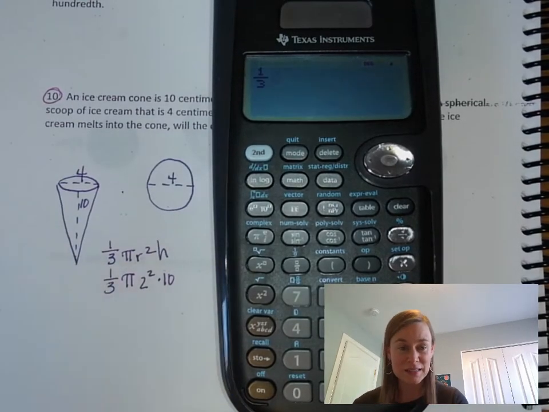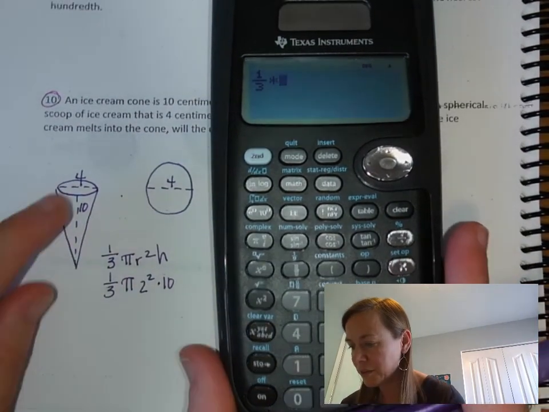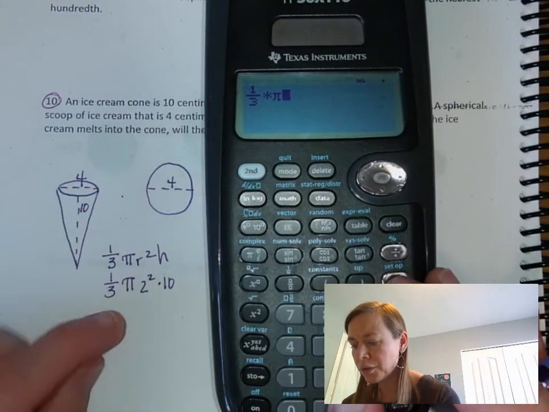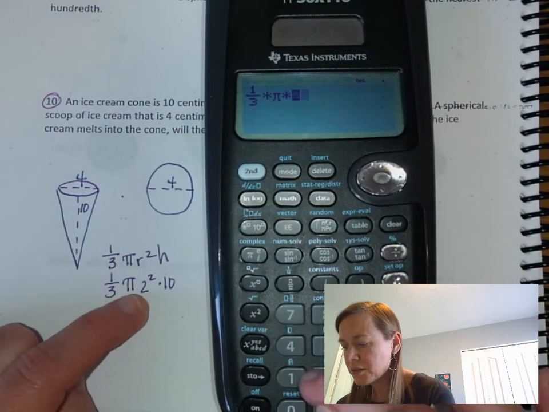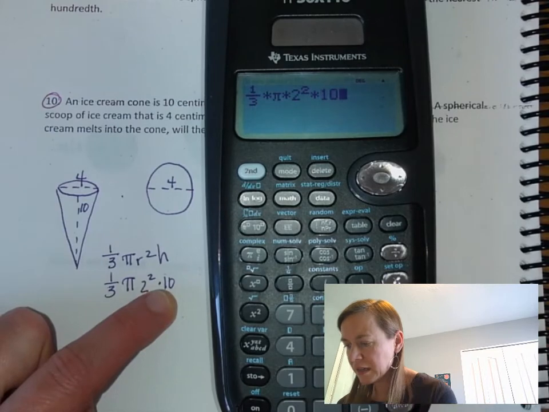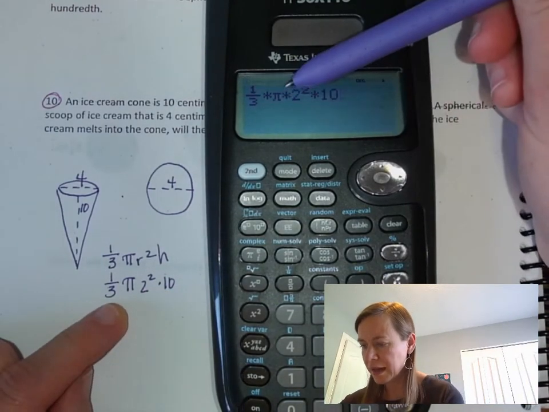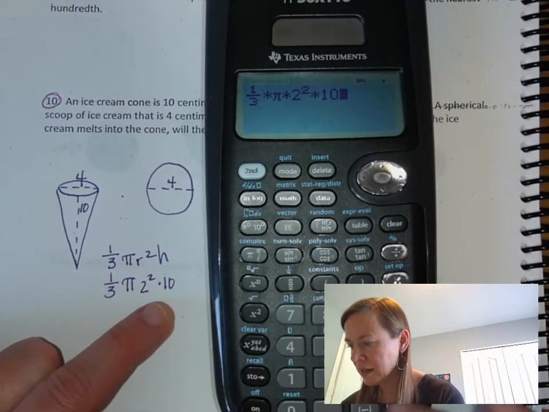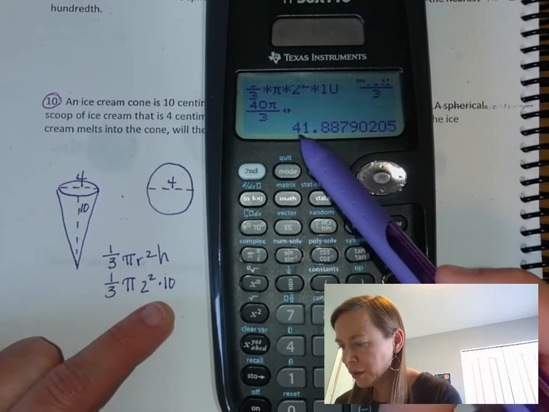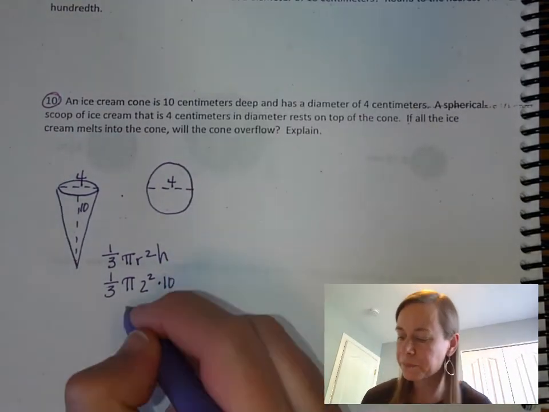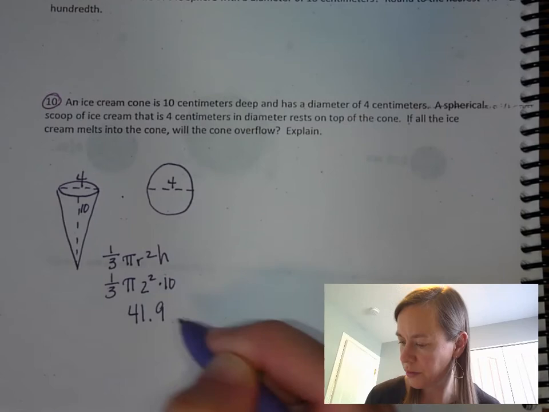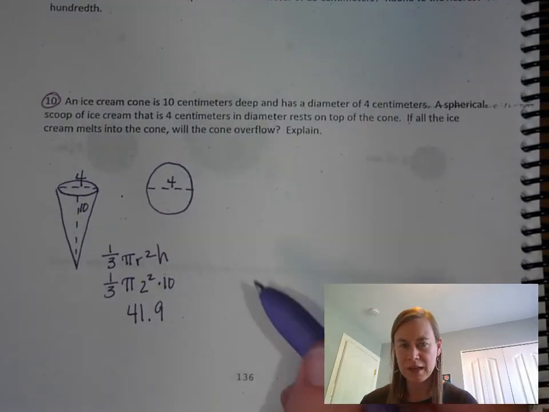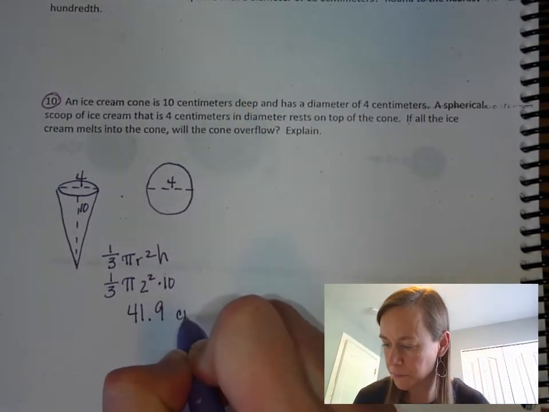That's going to work exactly the same way if that's easier on your calculator. Let's use our pi button, or 3.14. So 1/3 pi times 2 squared times 10, and we're going to get 41.9. So the cone holds 41.9 centimeters cubed.